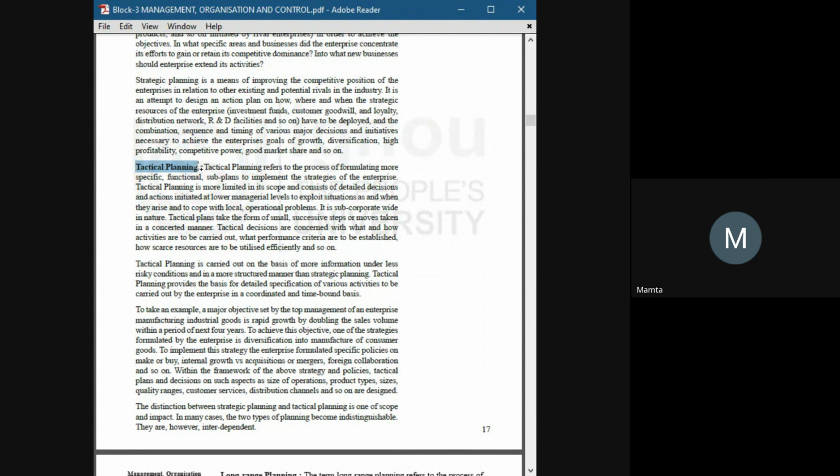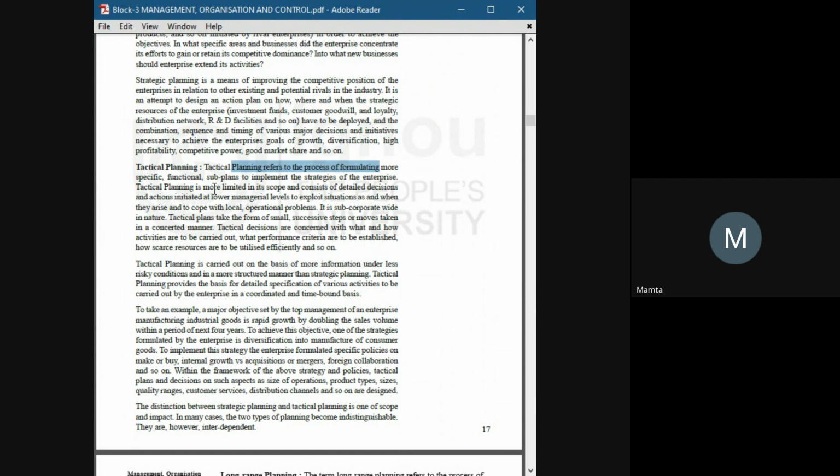Tactical planning. In general terms, I would like to call it detailed planning, meaning everything is written in that plan. Let's read this. Tactical planning refers to the process of formulating more specific functional sub-plans to implement the strategies of the enterprise.